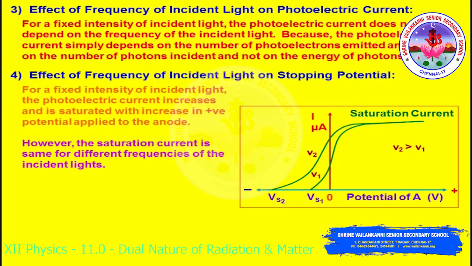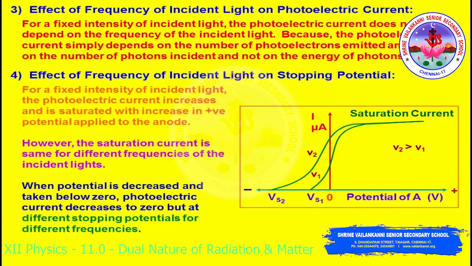The saturation current is the same for different frequencies of the incident light, and when the potential is decreased below 0, the photoelectric current decreases to 0, but at different stopping potentials for different frequencies. Each and every point here is very important, unique information.